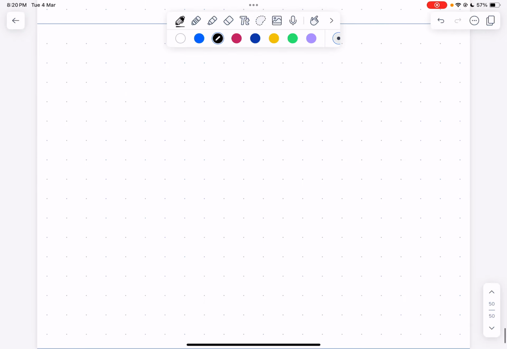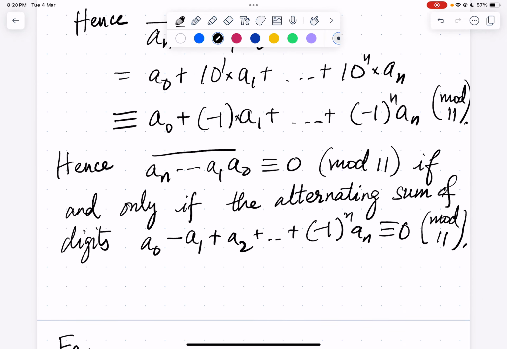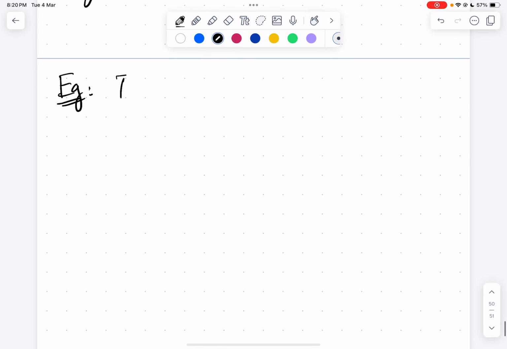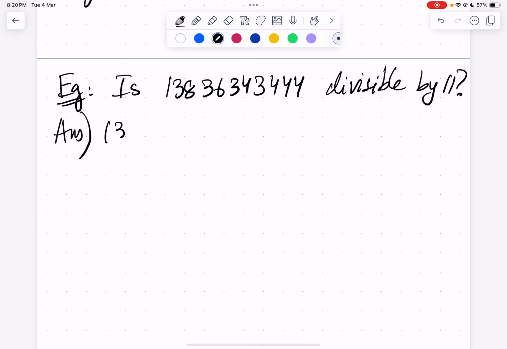Example. Is this long integer 138363434 divisible by 11? So answer. We saw that 138363434 is congruent to 4 minus 4.